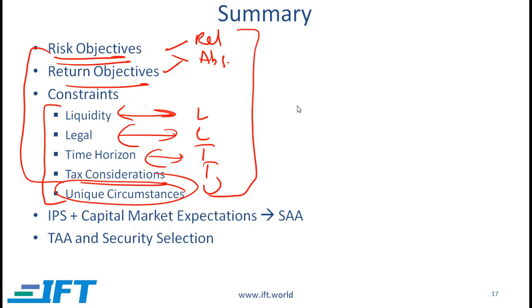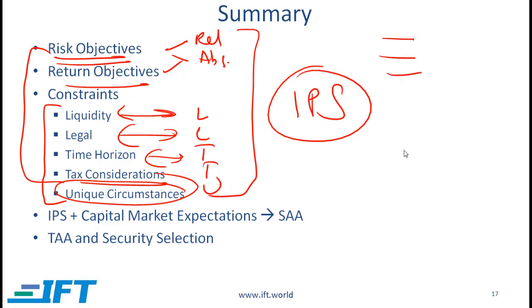Combining all these items helps us come up with what's called the IPS. In addition to these items, there are several other pieces of information that also need to go into the IPS. We've talked about them, and that material is important because there are several questions related to the structure and content of the IPS at the end of this reading. We then went on to talk about the construction of a portfolio.